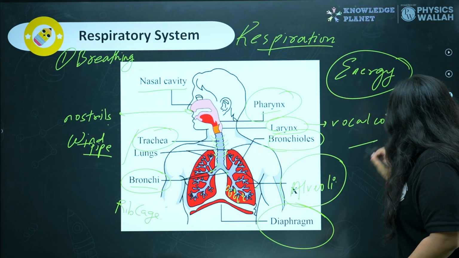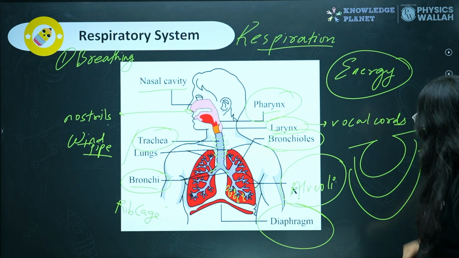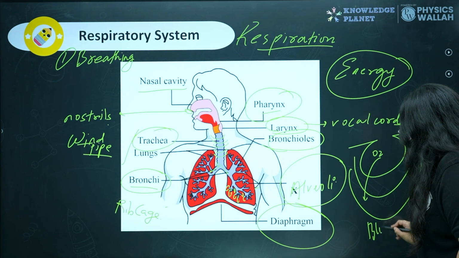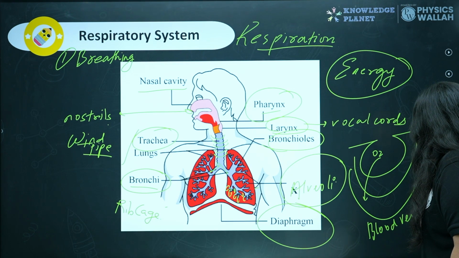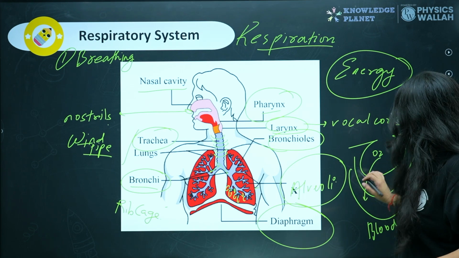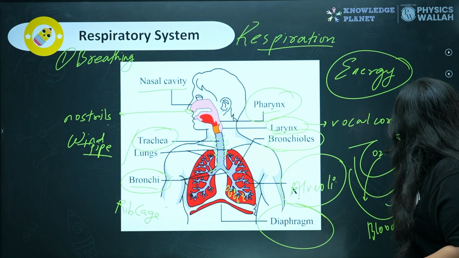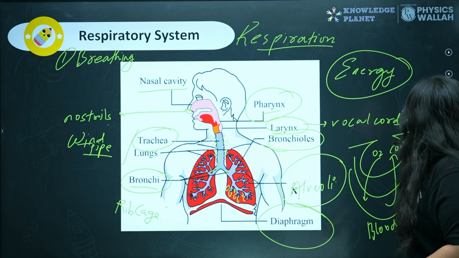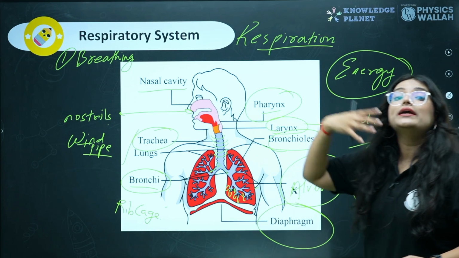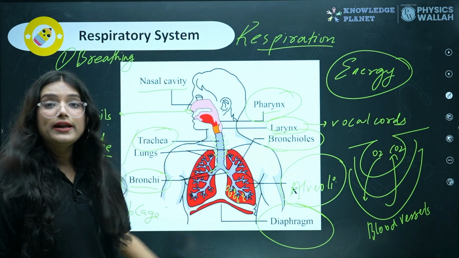These alveoli are very important because they give up the oxygen to the blood vessels. The alveoli have an extensive network of blood vessels, and the blood vessels in turn give up the carbon dioxide to the alveoli so that we can breathe it out. Okay, clear? So this is our respiratory tract.